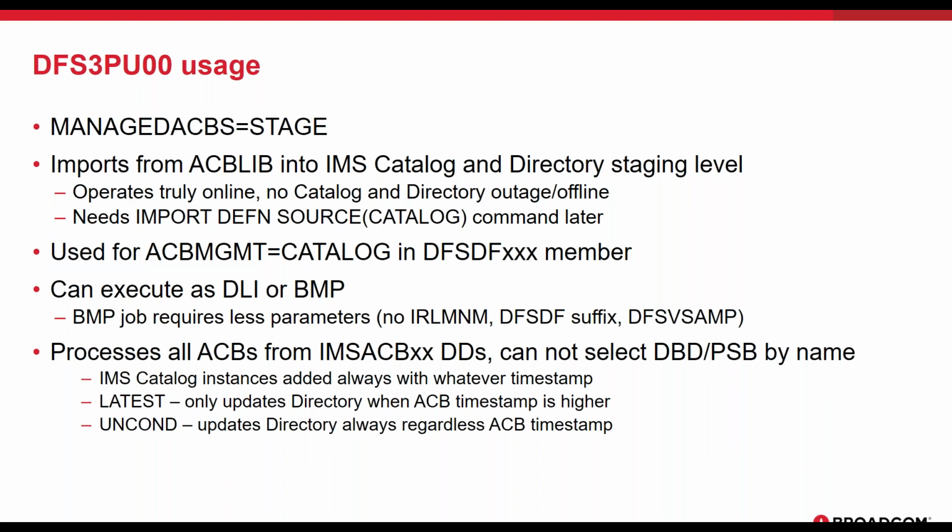And from this time, this utility can run either in DLI mode, like the previous ones, or it could be executed as a BMP as well, which in my opinion is much better, because if you are expecting, for example, some errors and it can happen that the utility fails, then it leaves the resources in a rollback pending state, and you have to roll back all those things, and with a BMP it's much easier.